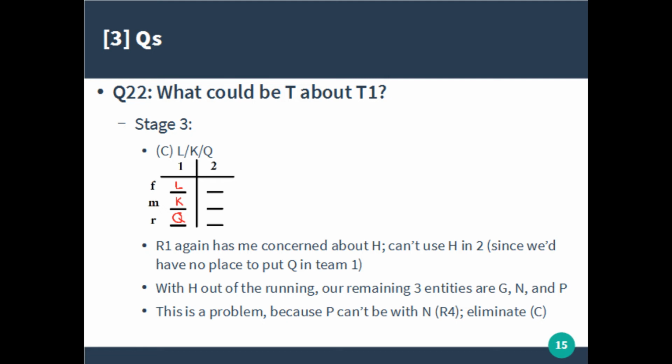So without being able to use H, the only 3 entities we have remaining to populate team 2 are G, N, and P. And again, this is a problem because P cannot be with N as per rule 4, so we have to eliminate C.